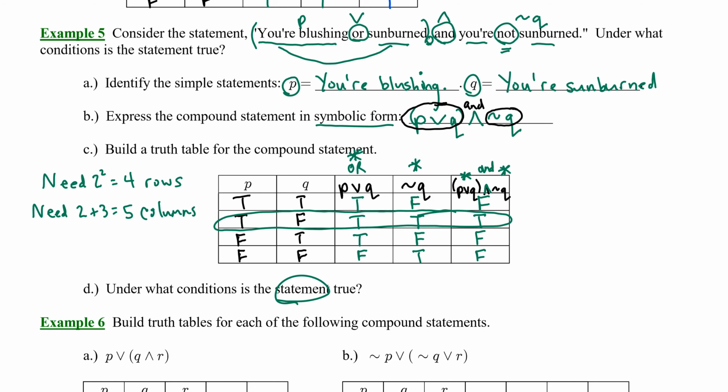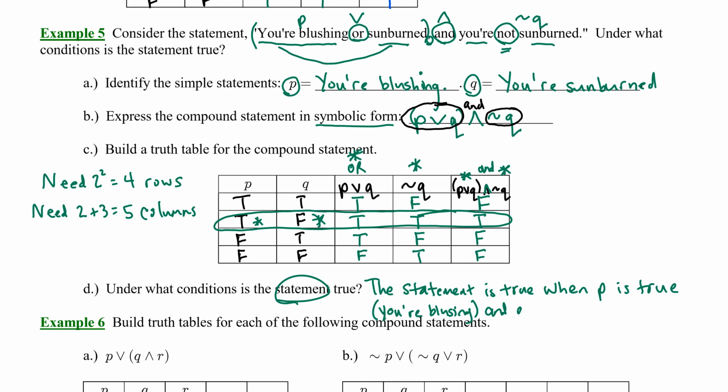So we're going to go back and look at the original components. The statement is true when P is true. That is, remember P was you're blushing. You are really blushing. And Q is false.